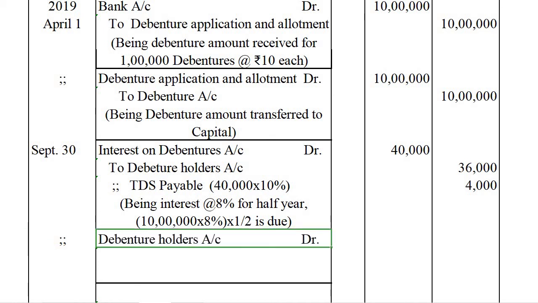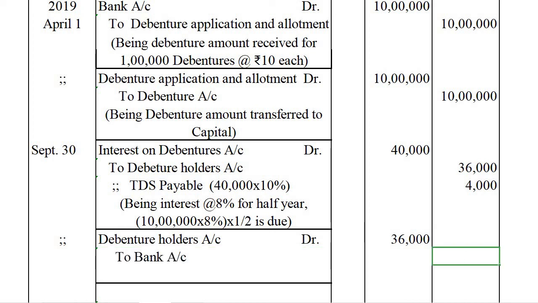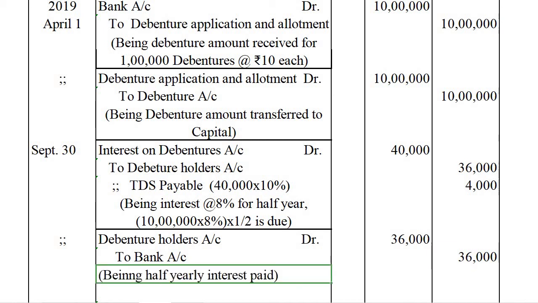For the debenture holders, we have only 36,000 to pay. The remaining is paid to the government. So debenture holders debtor 36,000, to bank 36,000, right? Being half year interest is paid to the debenture holders.